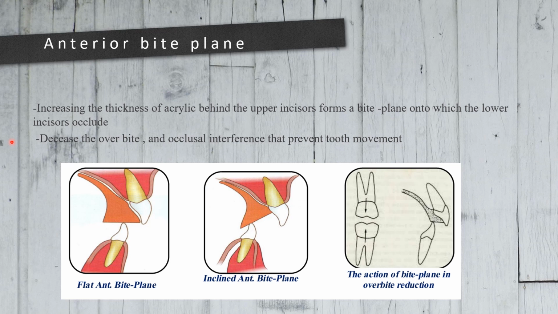The anterior bite plane includes increased extension of the acrylic base plate anteriorly between the maxillary and mandibular incisors, and an increase in the thickness of acrylic behind the upper incisors to form a bite plane that prevents eruption of the mandibular incisors and frees the space between the posterior teeth to give a chance for their eruption and opening the bite anteriorly.